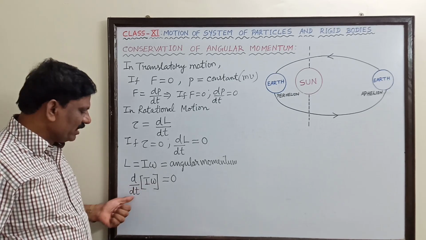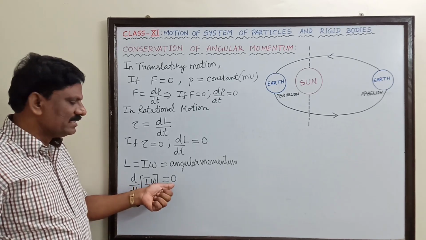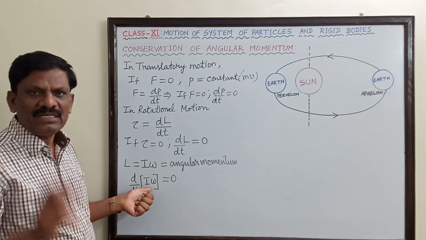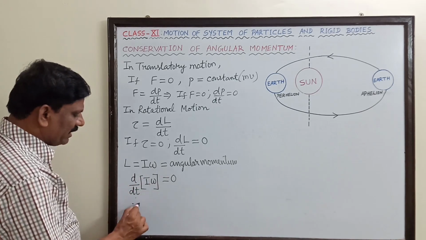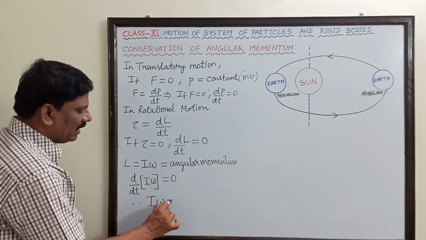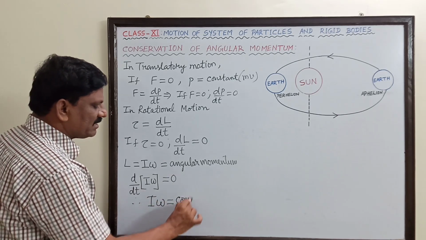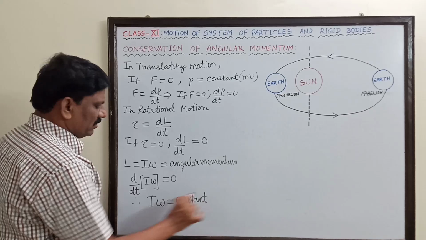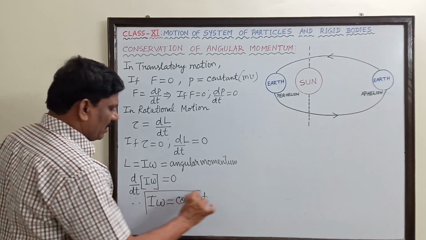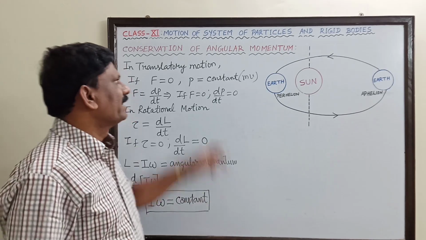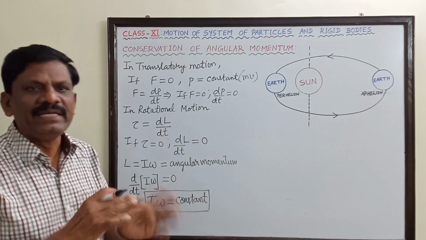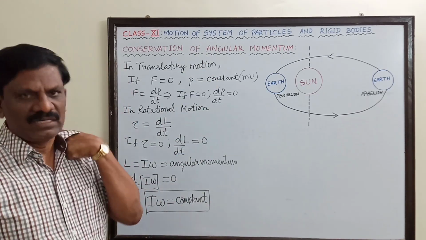When the differentiation of a function is equal to 0, then the function must be a constant. So from this equation, I omega must be equal to a constant. This is the mathematical expression for the conservation of angular momentum: I into omega must be equal to a constant.